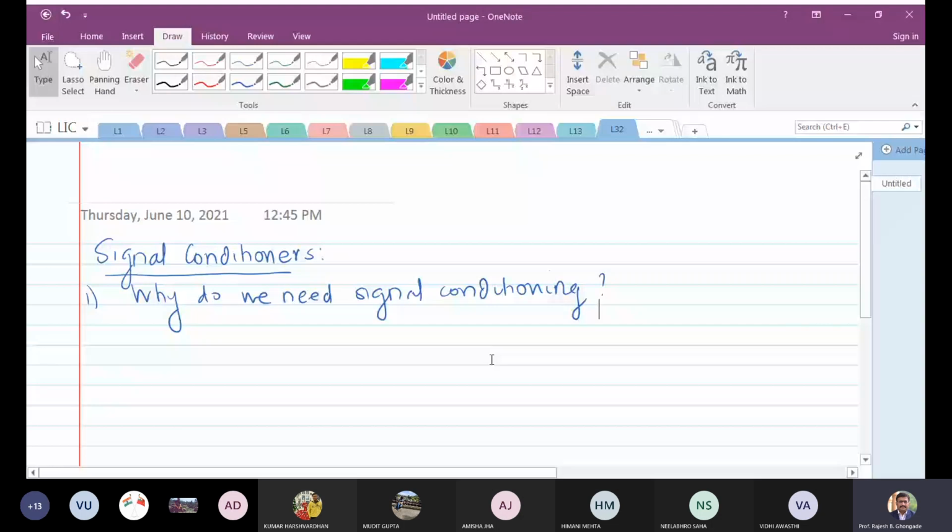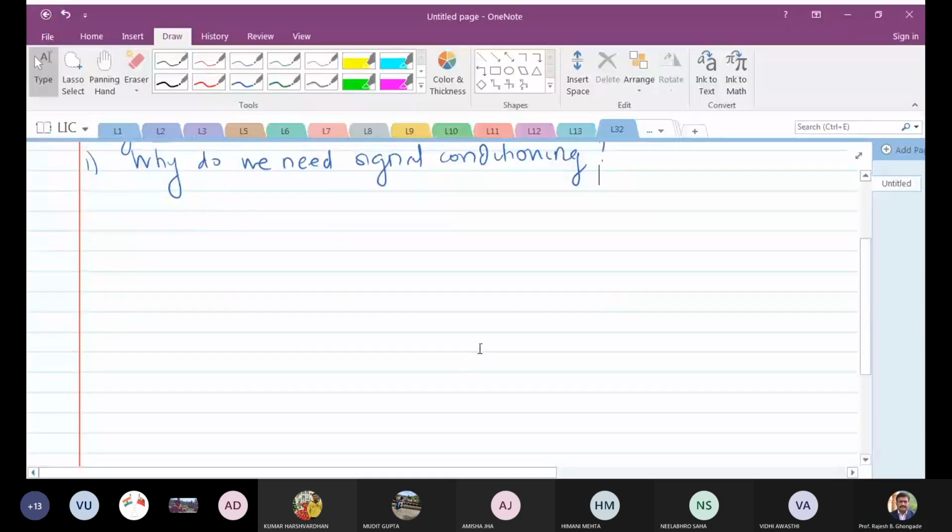Okay. So, for example, if I want to send the signal, you know already what is a sensor, right? So what is a sensor? So transducers.